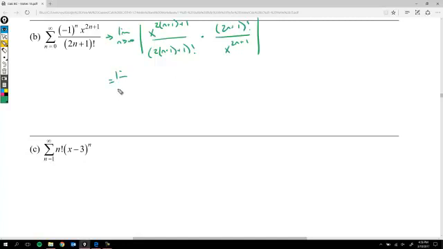So we're going to end up with, I'm going to distribute this. So 2n plus 2 plus 1 is plus 3, and same thing here: I have 2n plus 2 plus 3.